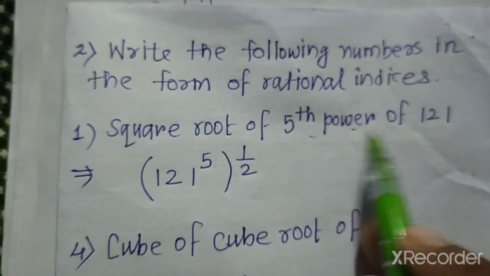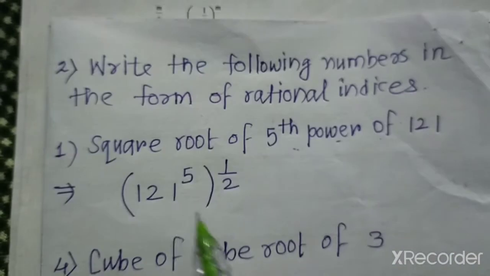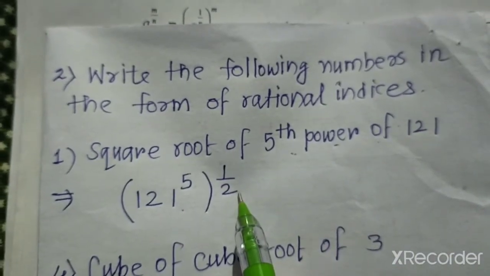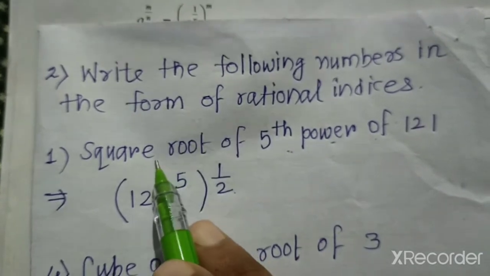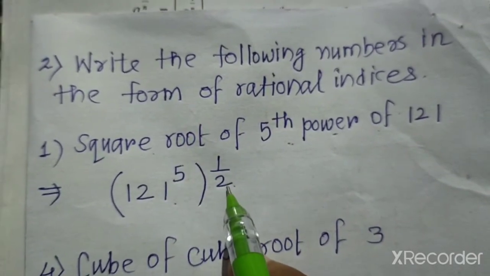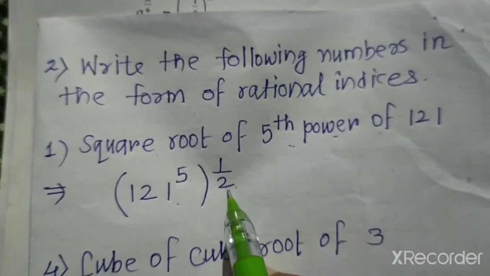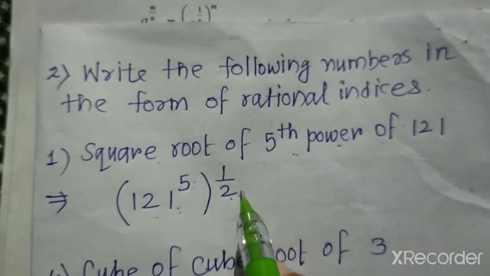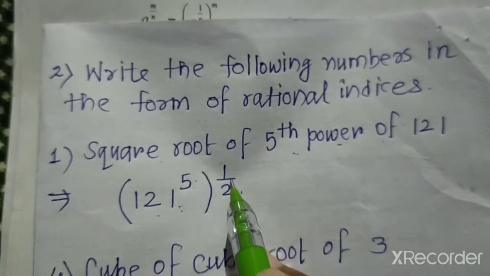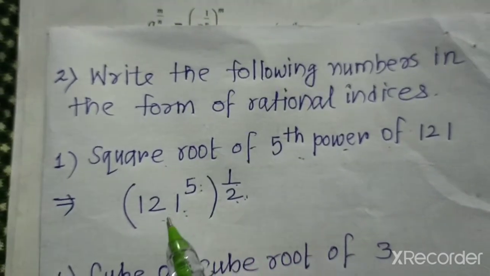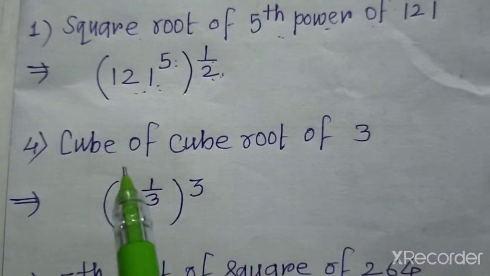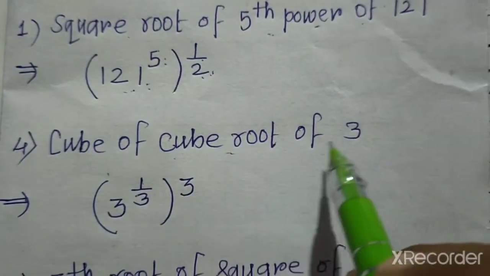So fifth power of 121, write in the bracket, and outside the bracket in the indices we have to write the square root, and square root we already learned means 1 by 2. So what we get, 121 raised to power 5 raised to power 1 by 2, means the square root of fifth power of 121.